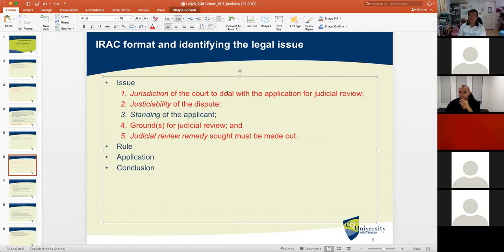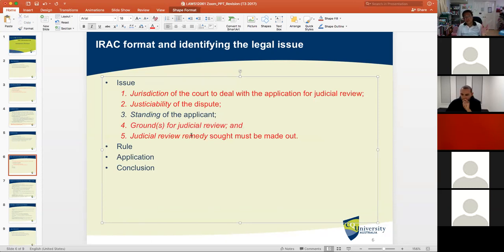Okay. Now, grounds for judicial review, I've also already told you what the potential grounds of judicial review are. So you need to examine whether there is a ground for judicial review, and then the judicial review remedy that is sought must be made out. We're clear? So I've suggested a way to identify the legal issue following these 5 guides.